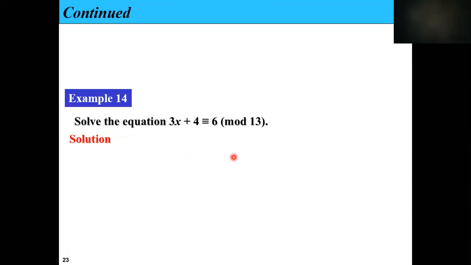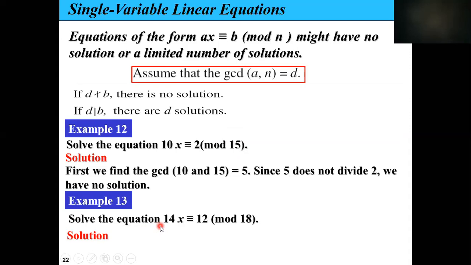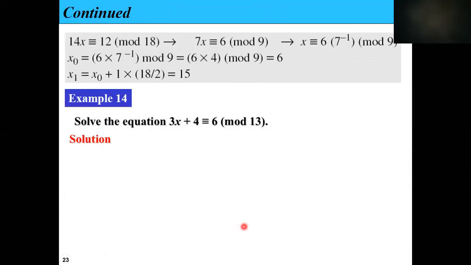Let us take another example, like the previous one: solve the equation 14x is congruent to 12 mod 18. In that case, it can be written as 7x is congruent to 6 mod 9, and x is congruent to 6 times the inverse of 7.